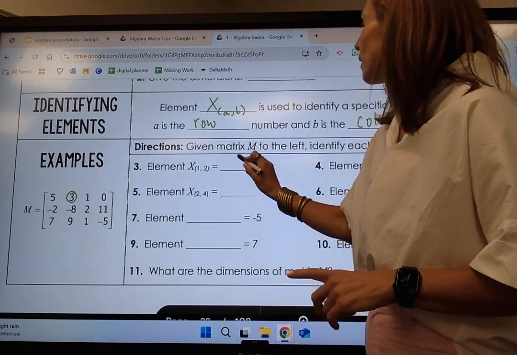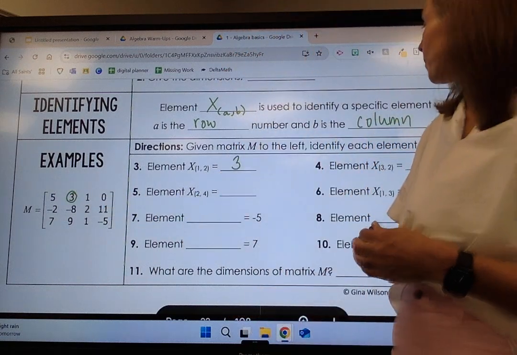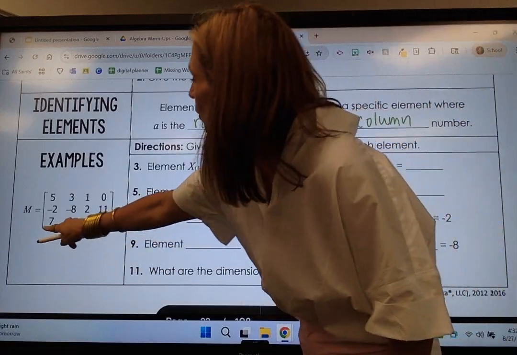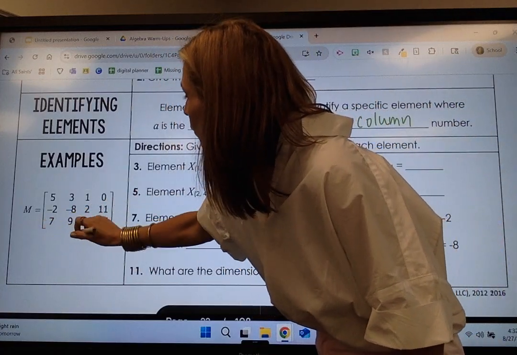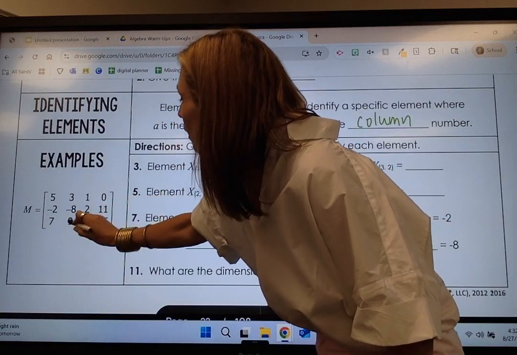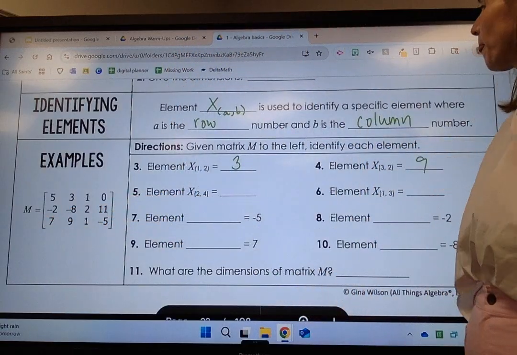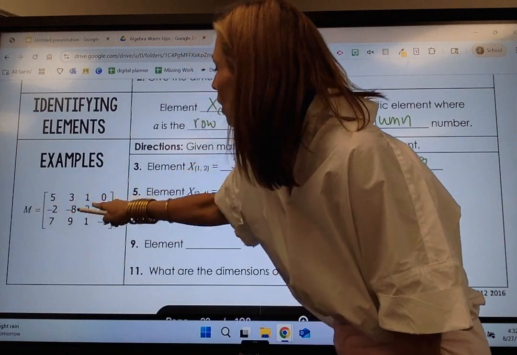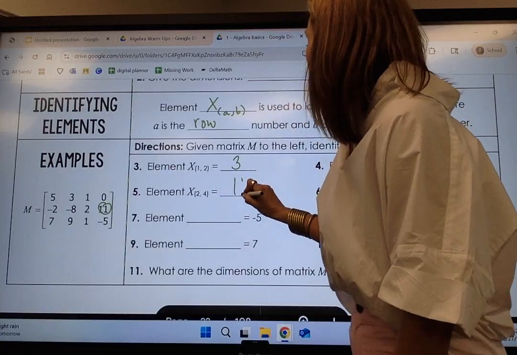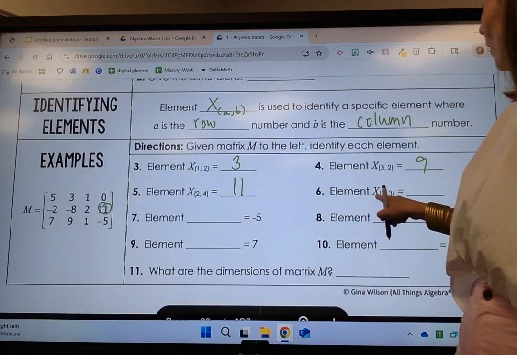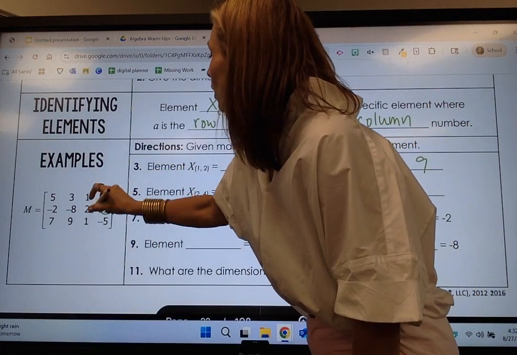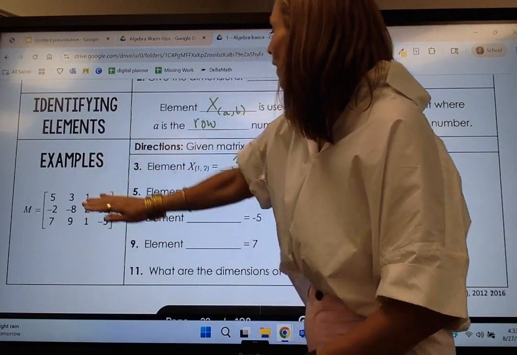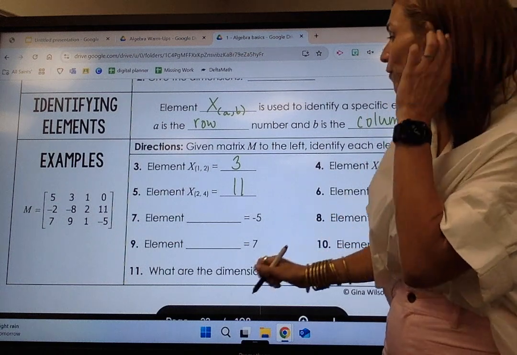So 3 is the element. If I look at number 4, 3 by 2, row 3, column 2 is 9. Row 2, column 4 is 11. Row 1, column 3 is 1.